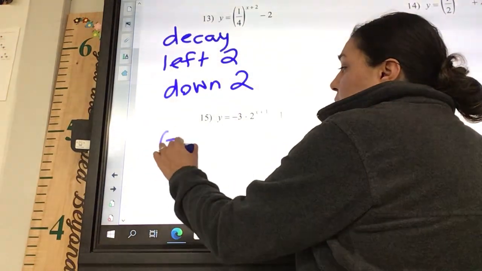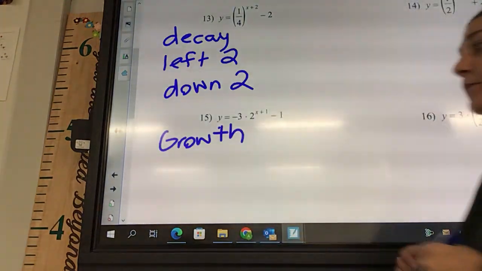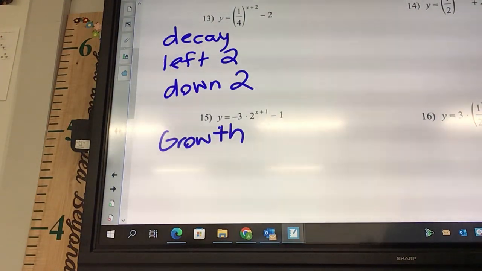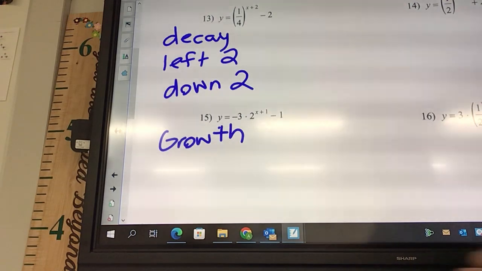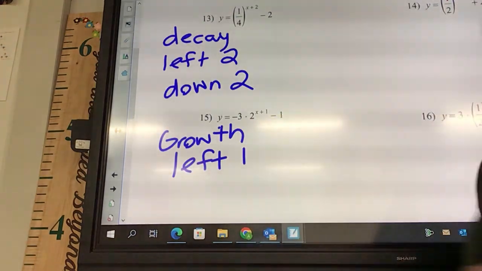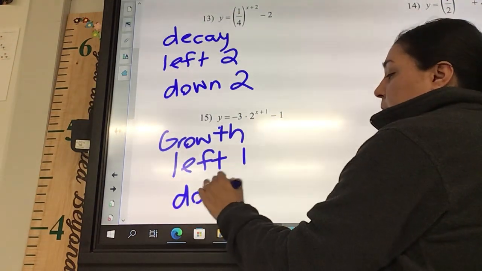So this is going to be growth. And then what? Right 3. Left 1, okay? And then down 1.